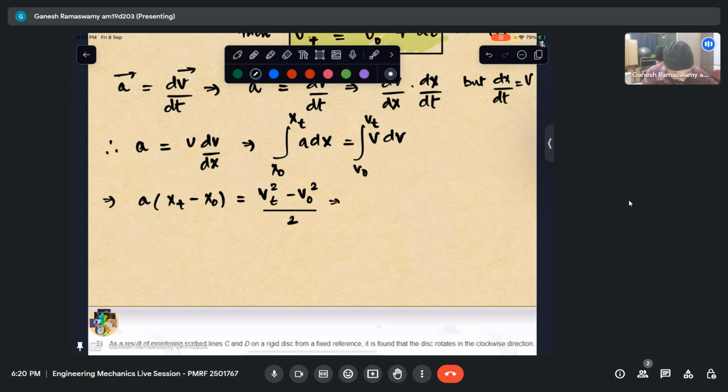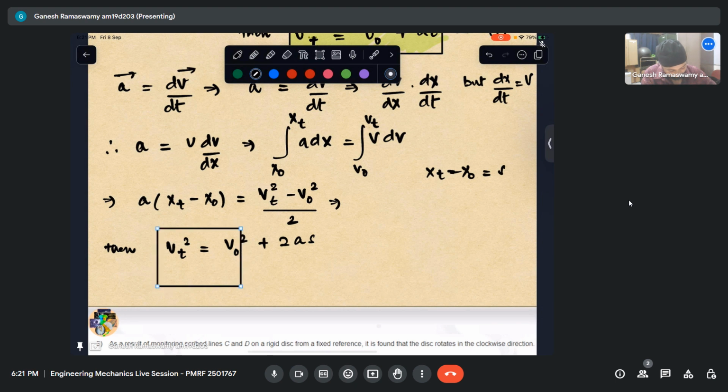On simplifying this, if we define xt minus x naught to be s, the net displacement, then we have vt squared is equal to v naught squared plus 2as. So this is how we get the second equation of motion.